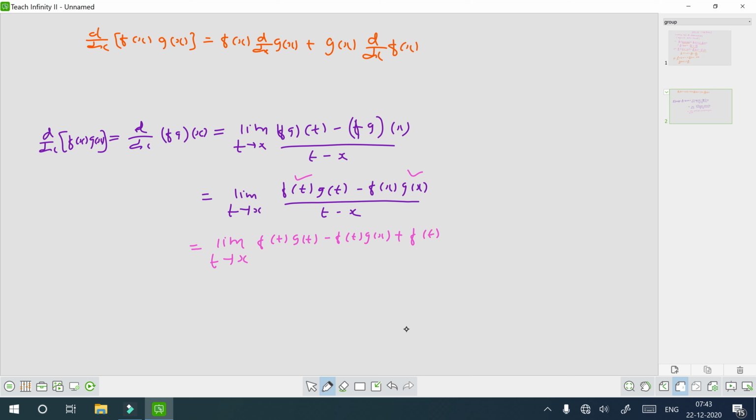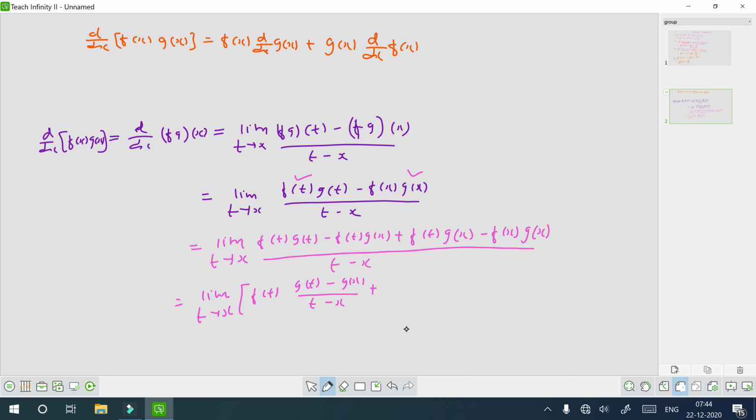F of t g of x minus f of x g of x over t minus x. Now see, this can be separated in this way. Limit t tends to x, take f of t common. What you get? G of t minus g of x over t minus x.